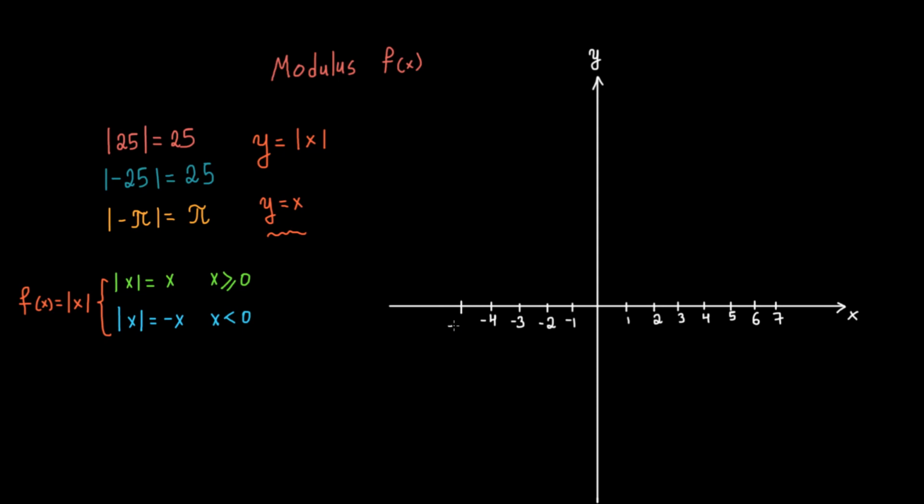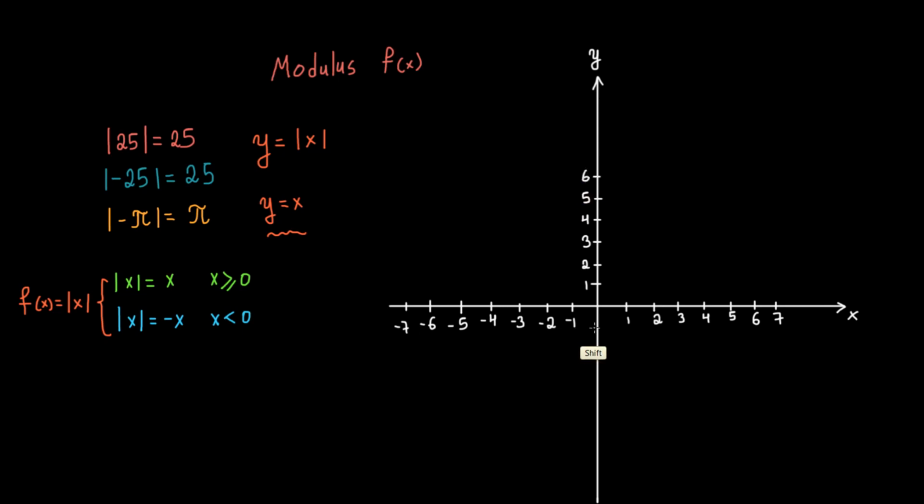Okay, the scaling is way off now, but that's not the most important. -6 and -7. And for the positive side, it's going to be 1, 2, 3, 4, 5, and 6, and so on.